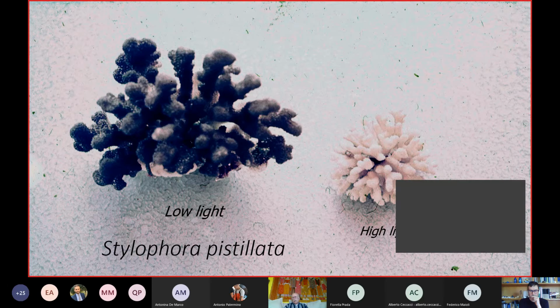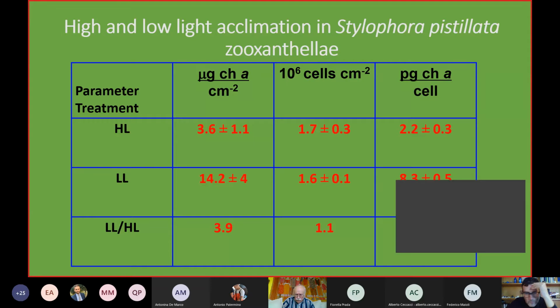So you would like to catch the minimum light needed to sustain the needs of the algae and the host, and the remainder to penetrate and be reflected by the white skeleton. And really, what you see makes sense.